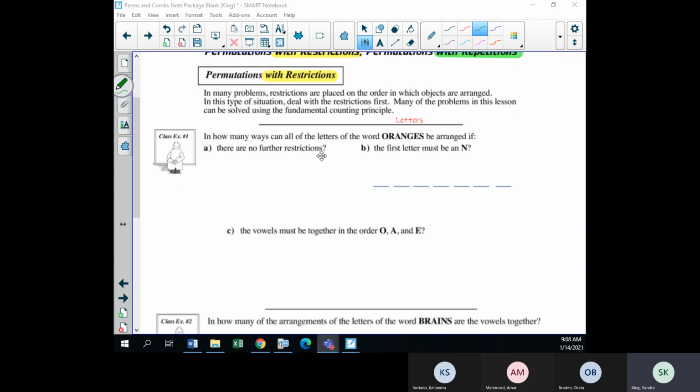Okay, it says, class example number 1. In how many ways can all of the letters of the word oranges be arranged if? So the first thing that we always do is count the number of letters in whatever your given word is, right? So take oranges and you'd say 1, 2, ... 7 letters.